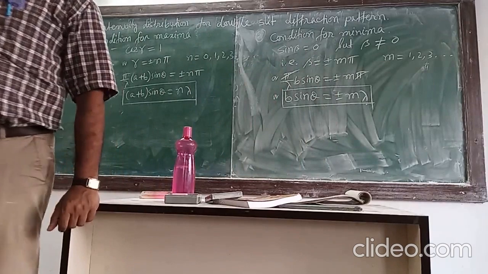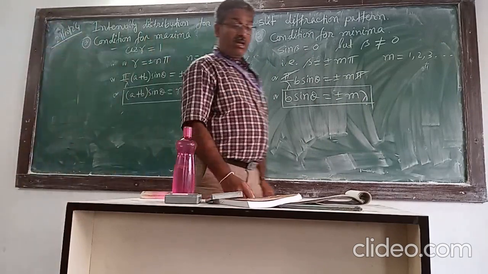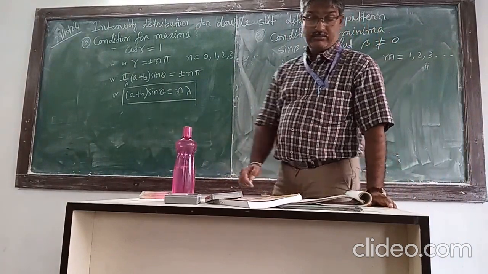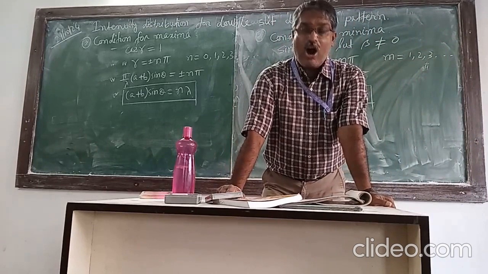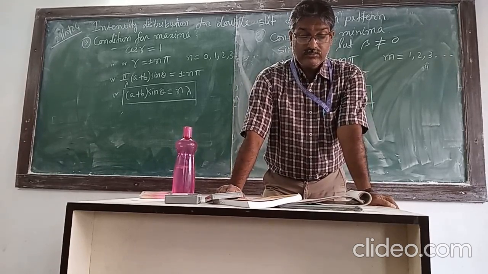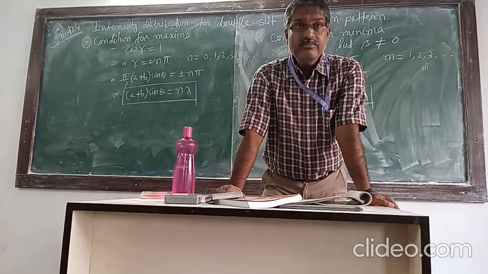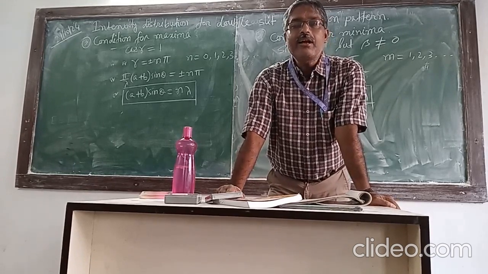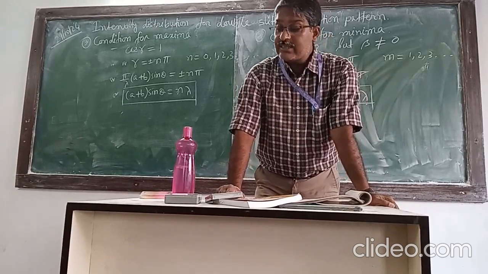In the next para: in the double slit pattern, there will be a number of alternate dark and bright interference fringes within each diffraction pattern.